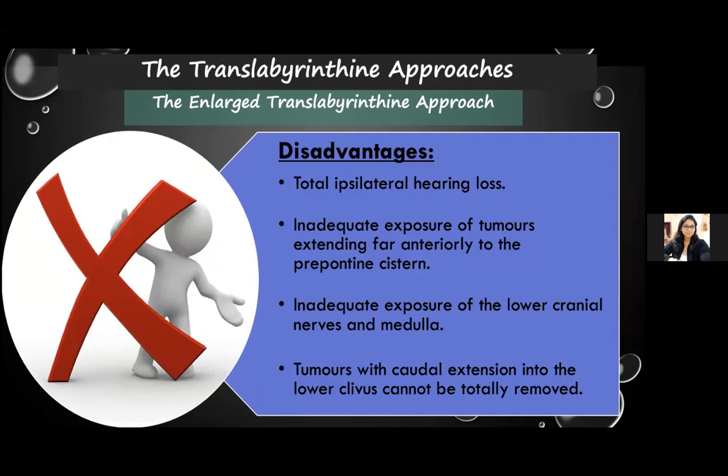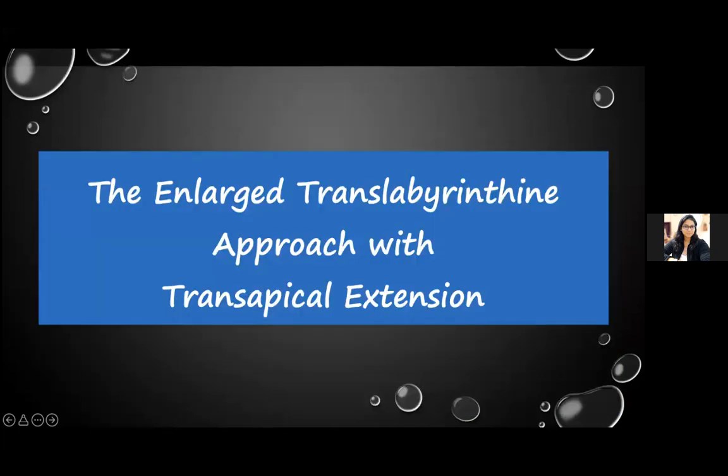So here we are not getting a good vision towards the prepontine cistern. And the third thing is there is inadequate exposure of the lower cranial nerves and medulla. And also the tumor with caudal extension into the lower clivus cannot be totally removed. So these are the disadvantages of the translabyrinthine approach.